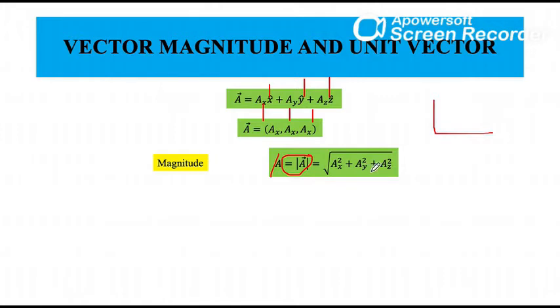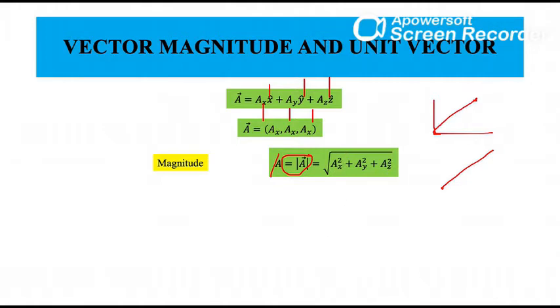So magnitude of vector actually tells us the distance of vector from origin of coordinate system to that particular point. So what point the head of vector is located with respect to origin is given by the magnitude.